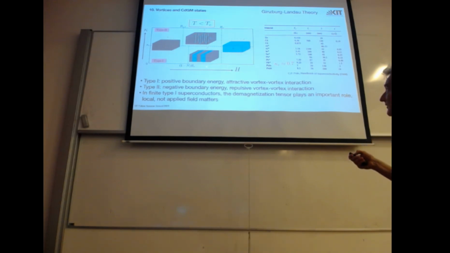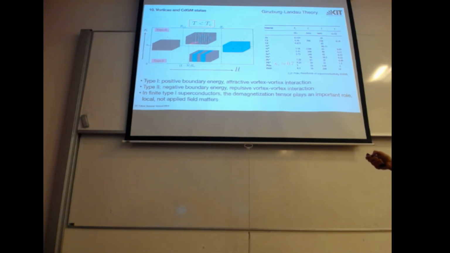If it's normal, the flux will be collected through the normal part, which means I reduce the flux onto the superconducting parts. And that means I get a two-phase diagram of large superconducting and large normal domains.